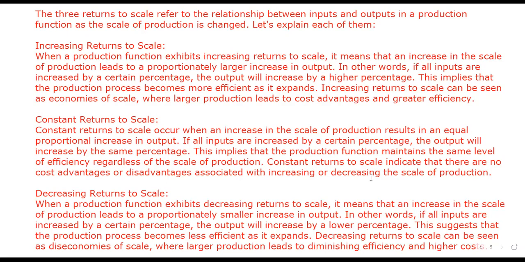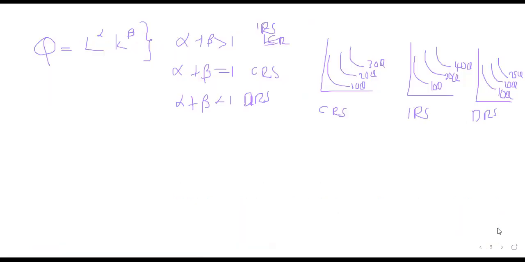Now, with constant returns to scale, there is no cost advantage or disadvantage. It's like we are breaking even. Whatever we put in is whatever we are receiving. So this is epitomized by graph number 1, figure 1. So 10, 20, 30, it's increasing at a constant rate.